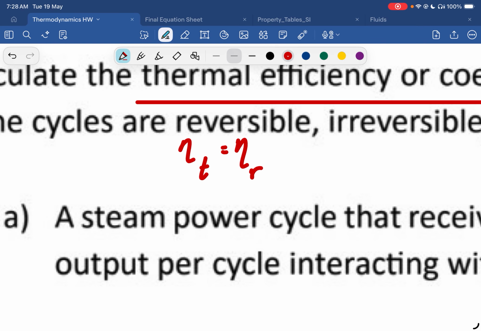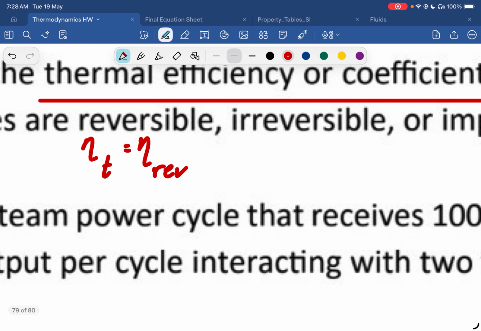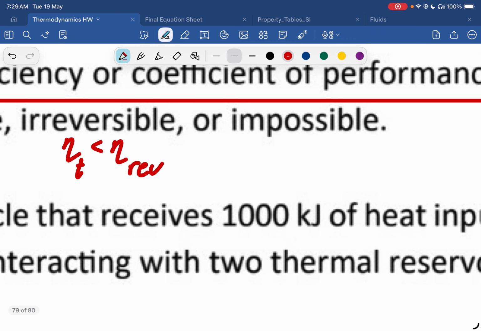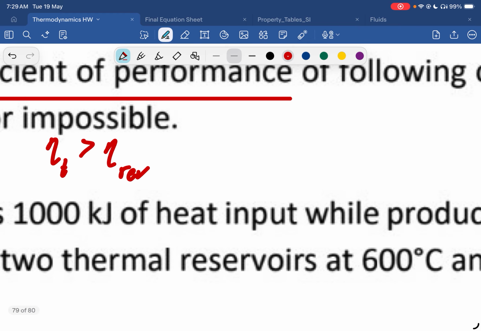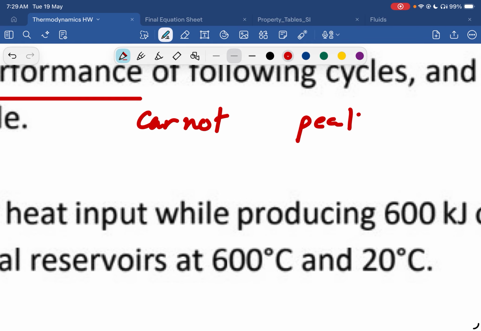It's irreversible when the Carnot efficiency is larger than the thermal, and it's impossible when the thermal is larger than the reversible, because the Carnot cycle is the peak of the cycle, so it can't get better than this. This is the highest it can get. So if it's higher than that, it is impossible.